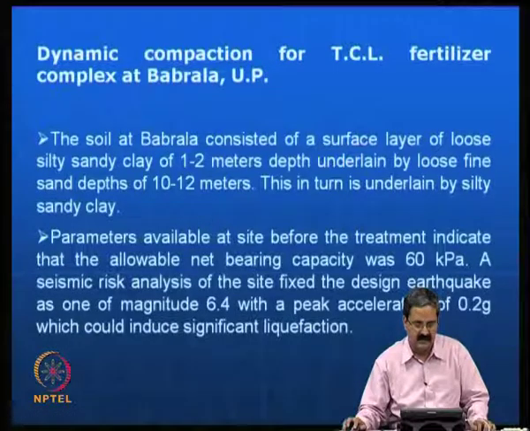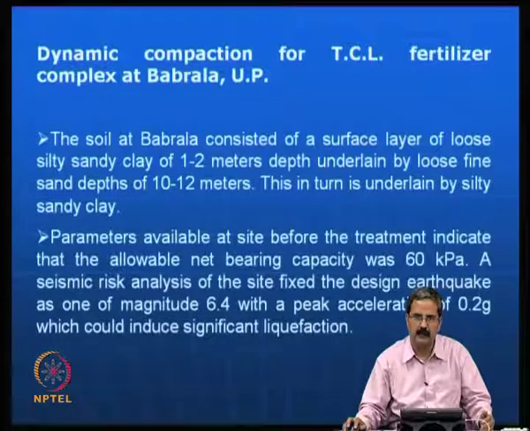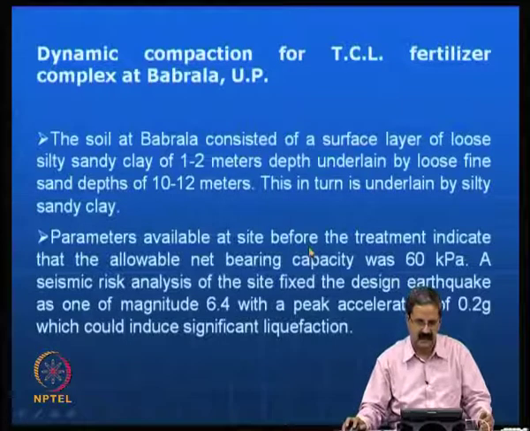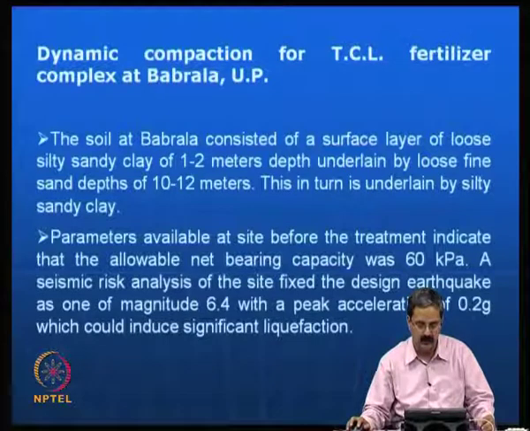The parameters available at the site before treatment indicate that the allowable net bearing capacity was about 60 kPa. The other design requirement was that for this fertilizer plant, a seismic risk analysis was done, and they found that the design earthquake coefficient should correspond to an earthquake of magnitude 6.4, which corresponds to a peak acceleration of about 0.2 g.